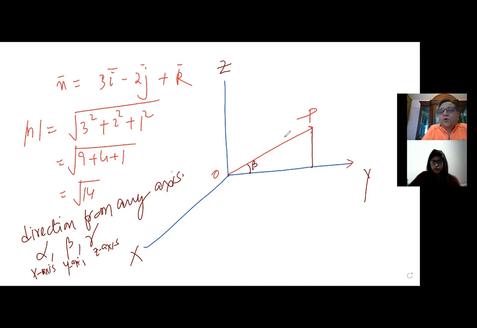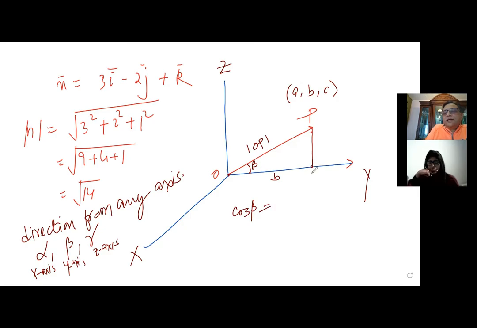So OP, I know this is the magnitude of OP, right? And let us say that the vector is ABC. That means that from the origin in y direction, you move b distance, correct? You remember 0, b, 0? Now, trigonometric ratio, what is cos of beta equal to?